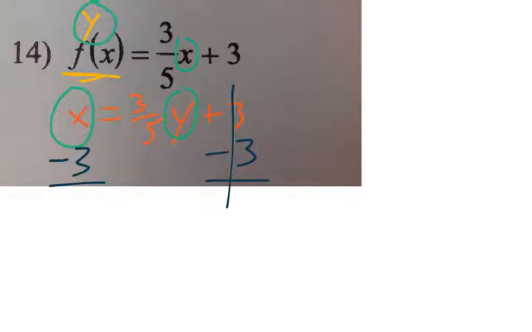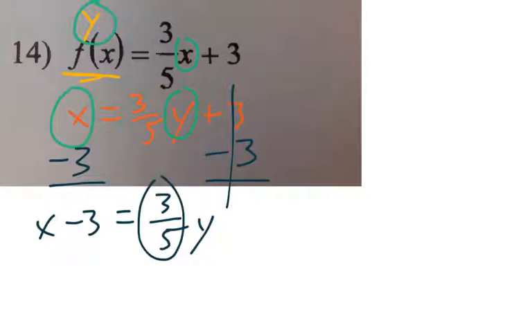So now we have x minus 3 equal to 3/5 y. And now, because this is a fraction, normally I would just do a reciprocal, but some of you guys don't like reciprocals. So let's do it in two parts, two steps. Here we go. How, for example, do I get rid of that divide 5?